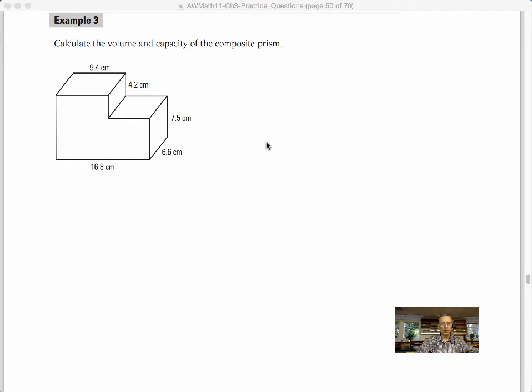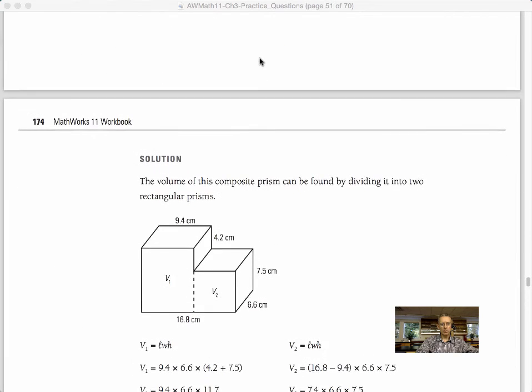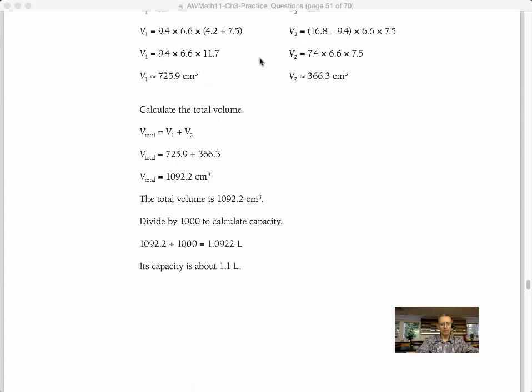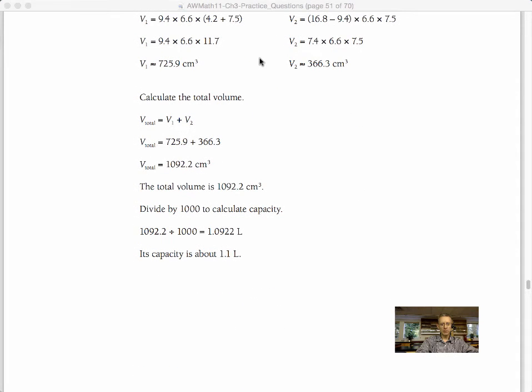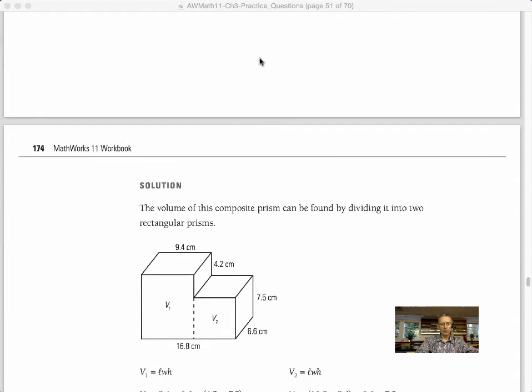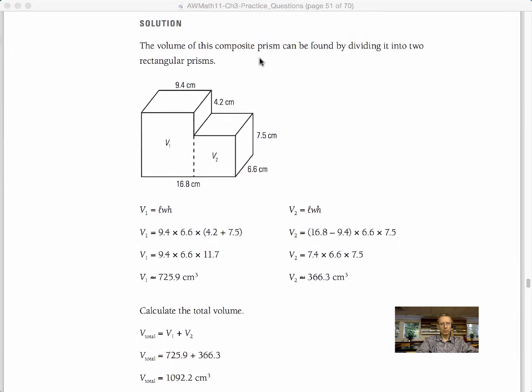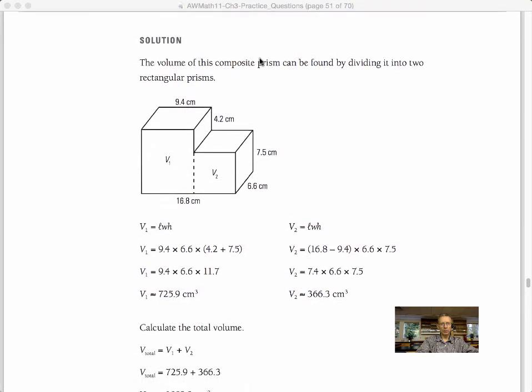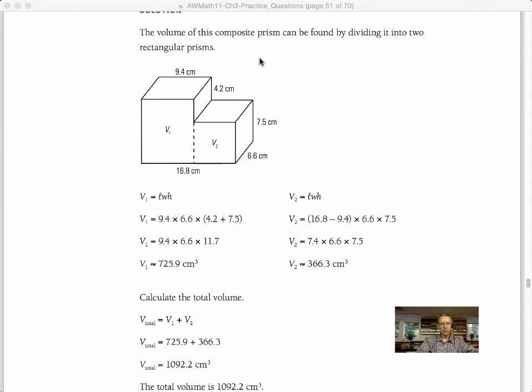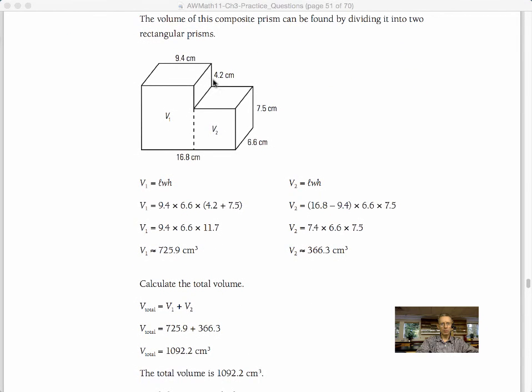The third example here is calculate the volume and capacity of the following composite prism. I'm just going to check what they mean by capacity. I guess they're assuming that it is hollow. So, what do they do here? They're going to cut it into shapes that they can calculate the volume of. So they quite neatly cut this down here and basically divide it into two volumes, V1 and V2.